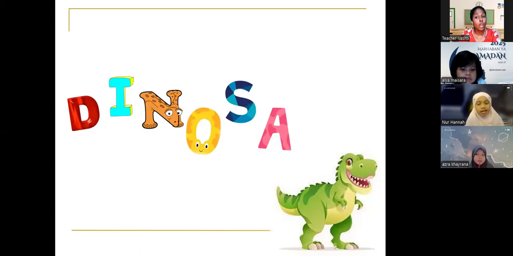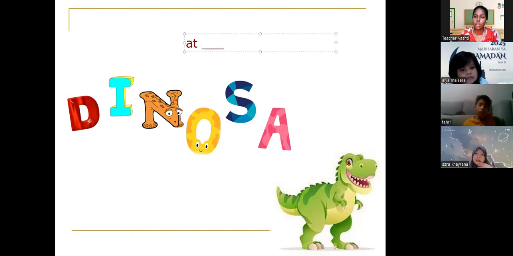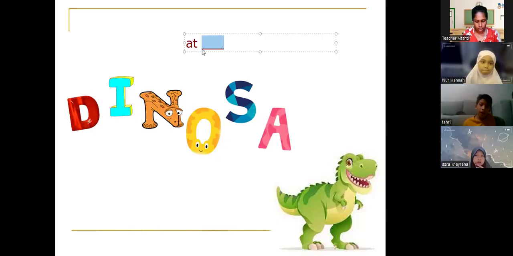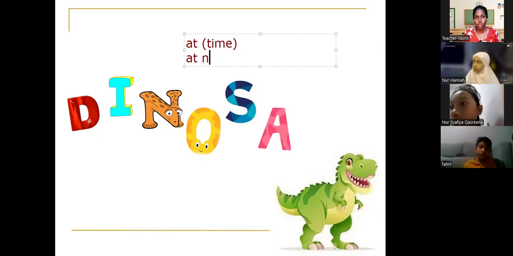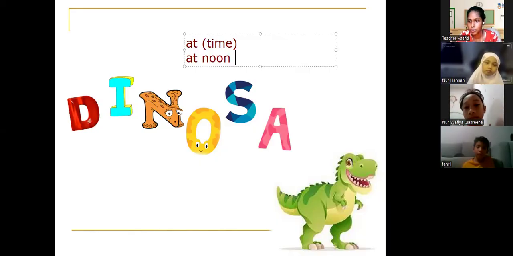A stands for? Always. And the word? At. At guna untuk? When do you use at? Okay, at when you want to talk about time, pukul berapa. Okay, or you can also say at noon, at night.